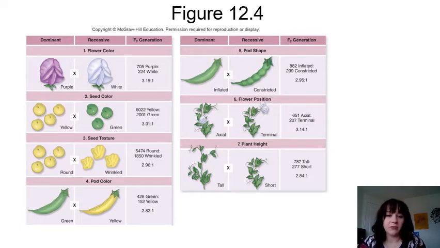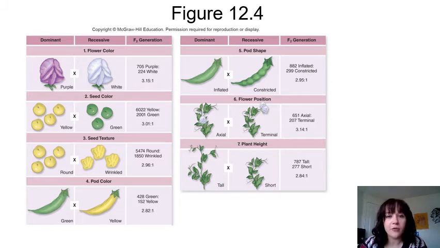Here we have some data. You can look at the F2 generation. When they crossed the offspring of that first mating, they found, for example, in flowers, 705 purple flowered plants versus 224 white flowered plants. That ratio is 3.15 to 1, so it's about 3 to 1, like we said on the previous slide.